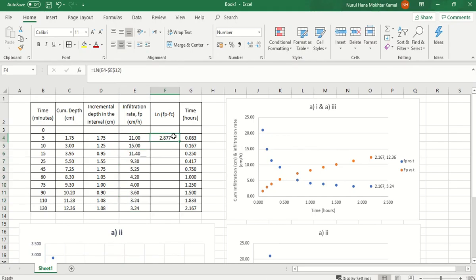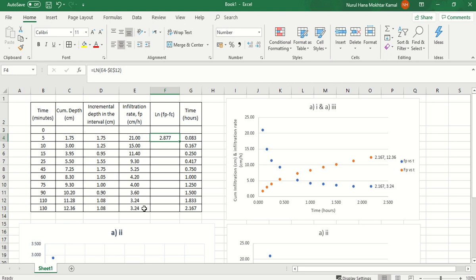Okay, so how do you get this? Just plug in the data like this. ln of fp minus fc. So the question is what is fc? Can anybody guess what is fc? If you look at the data here, after minute 110, the data recorded for the incremental depth are the same, 1.08, and the infiltration rate is the same.